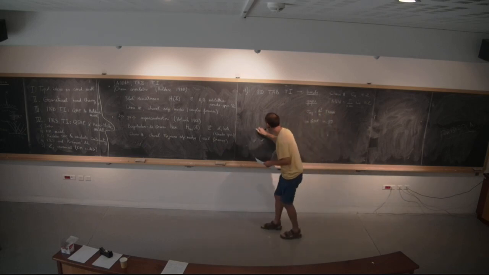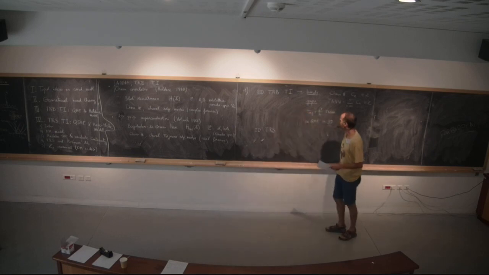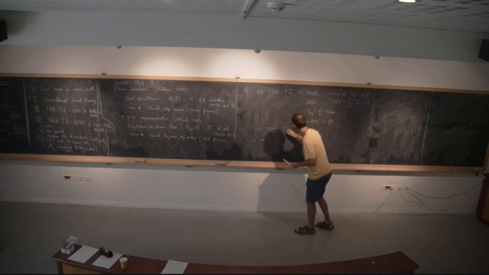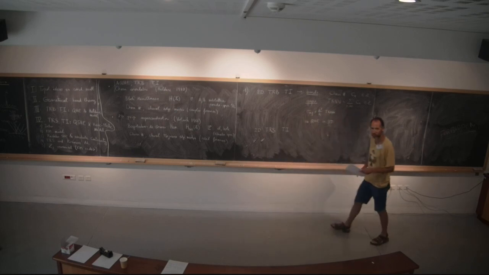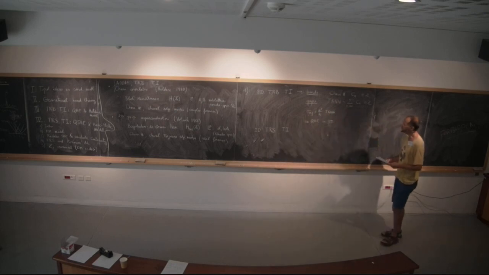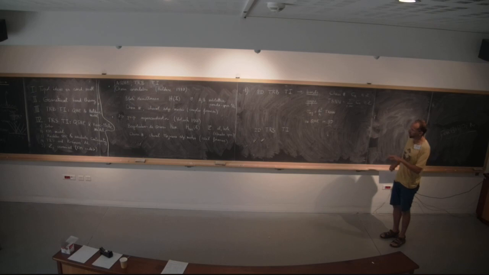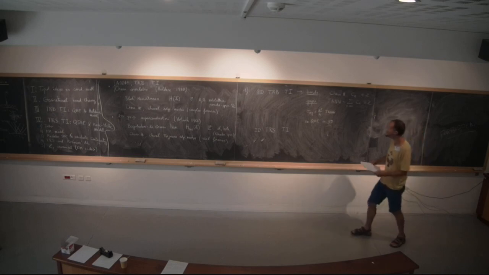The thing I want to talk about today is the case where now you want to keep time reversal symmetry, and the surprise is that there is still something like a topological insulator. This was realized many years after Haldane by Kane and Mele, 2005, roughly at the same time as graphene was starting as an experimental subject.